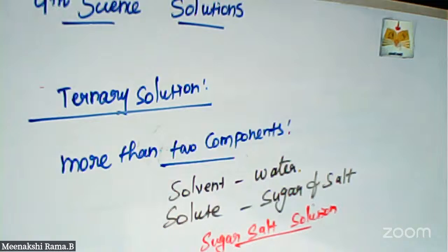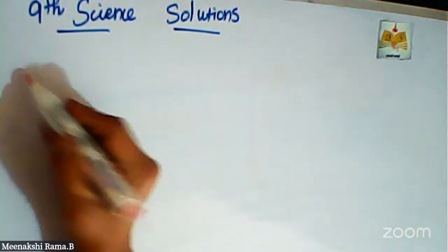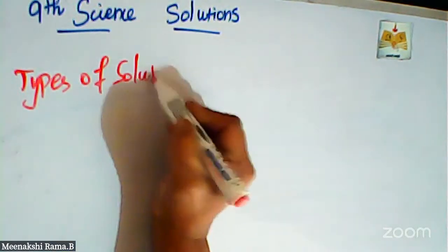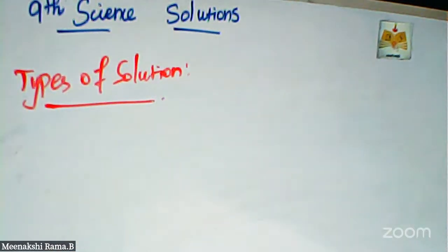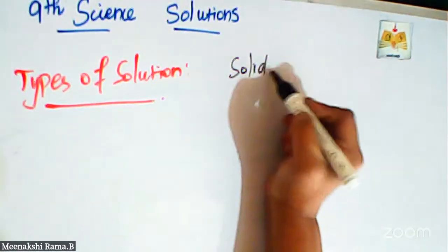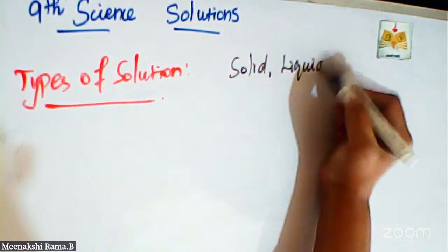Okay, and next are some different types of solution. What are they? Types of solution. First, based on the physical state of the solute and the solvent. Matter exists in three states: solid, liquid, and gas.